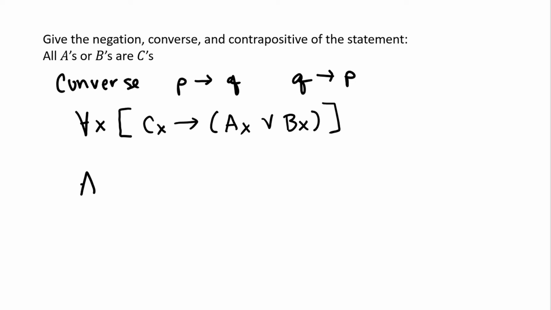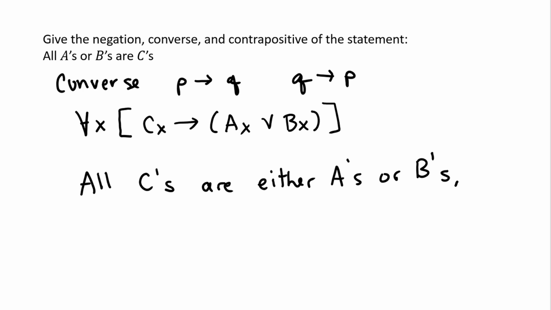So we would write that all C's are either A's or B's. Keep in mind that the converse of a statement is not necessarily equivalent. There might be instances in which it is, but it is not equivalent to the statement.